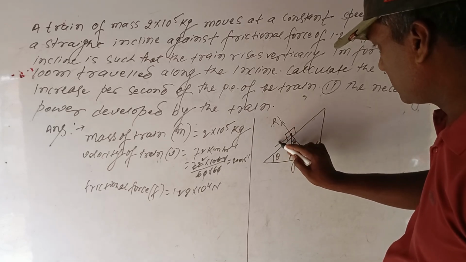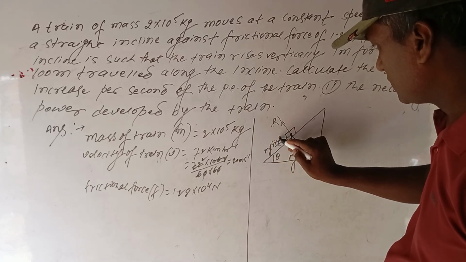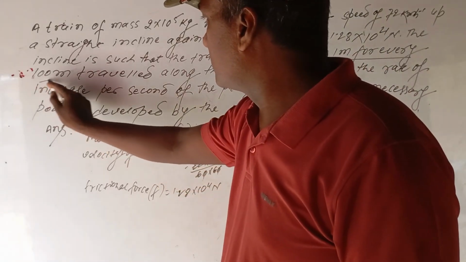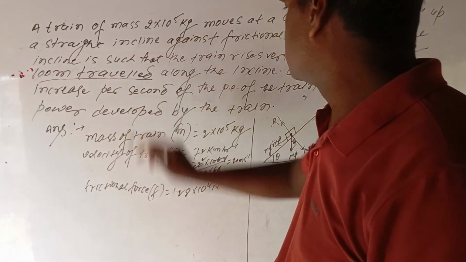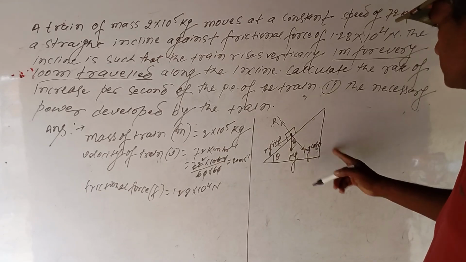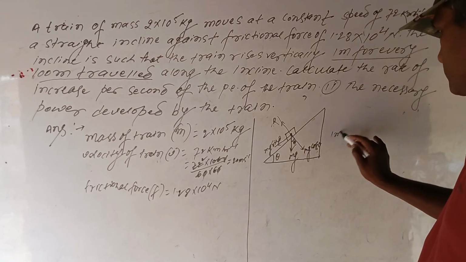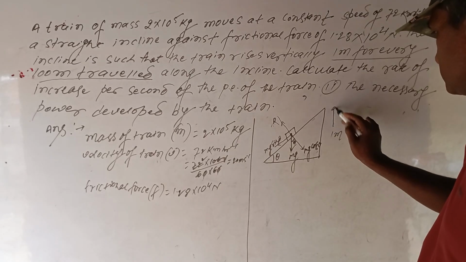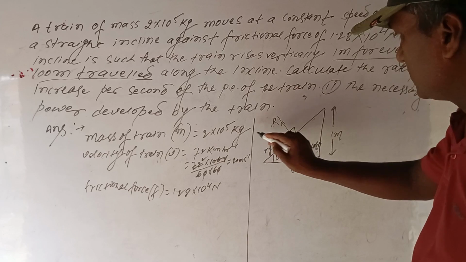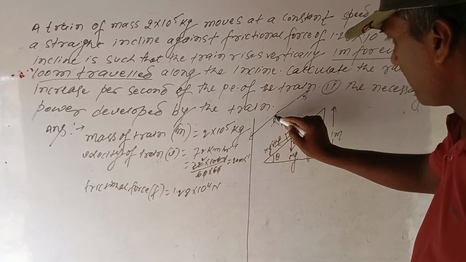A right angle triangle is shown. In this, the hypotenuse represents the surface on which the train is moving. It is inclined at an angle theta with the horizontal, and the weight of the train, mg, acts vertically downward. This weight mg is resolved into two parts, mg cos theta and mg sin theta, and the reaction of the surface acts upward.